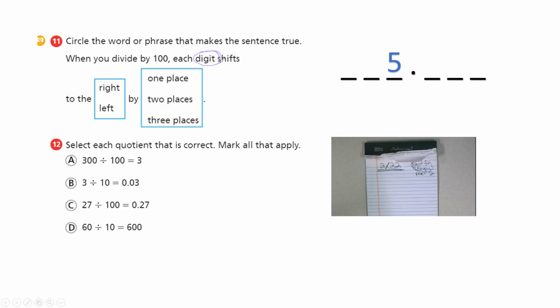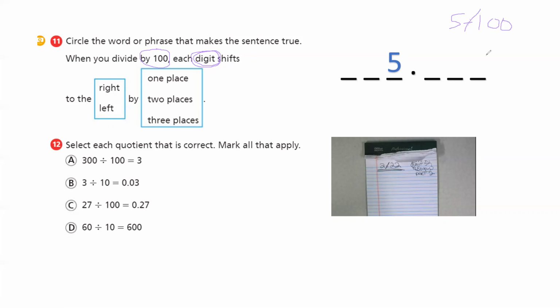So before we answer this, let's just see how it changes. I just made up a number like 5 divided by 100. It says what happens when you divide each number by 100. Well, what is 5 divided by 100? 5 divided by 100 equals 5/100, right?